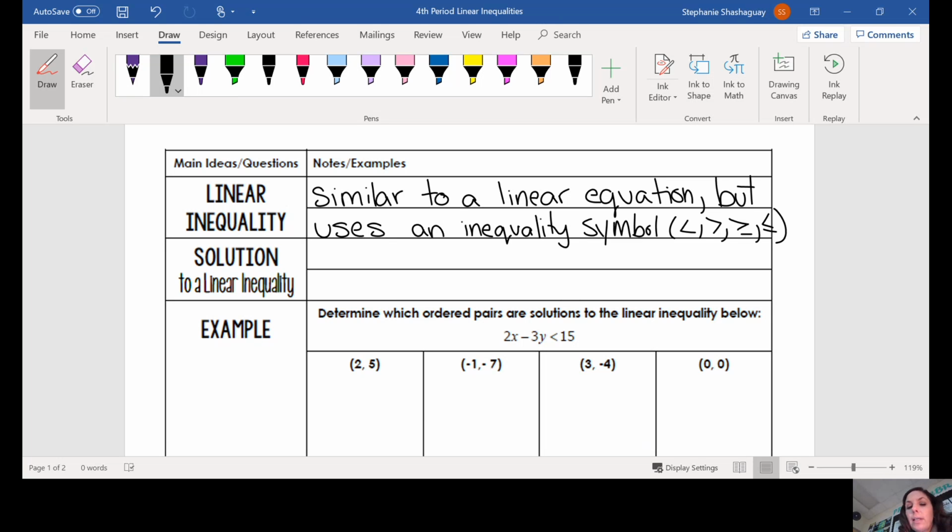Those are inequality symbols. So the solution to a linear inequality is all the ordered pairs that make the inequality true.